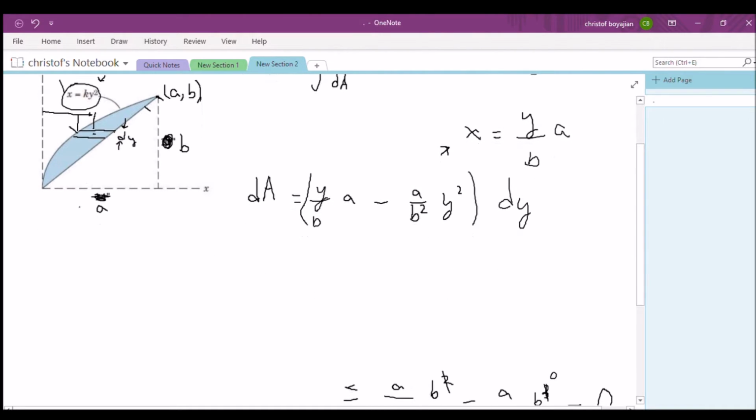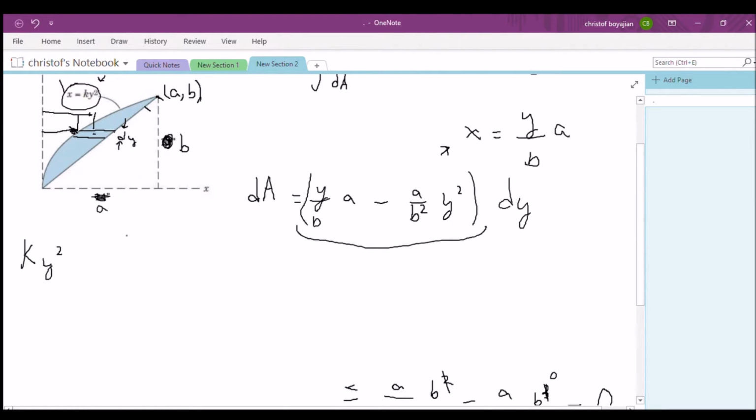So that kind of sounds tricky. Let me write it out. It's going to be our ky squared, which is this distance to this curve right here, plus half of this distance. We already found this distance to be, or actually this distance is actually this guy right here.